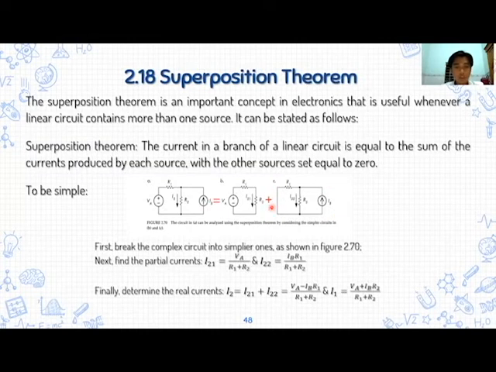We can see that it has no voltage source, and as well as this circuit has no current source, which is broken from this circuit into 2 component circuits that are simpler, and we can treat these 2 component circuits as independent, and we write equations for them. Okay, like this, we obtain the partial current. After that, we obtain the real current by adding them together.